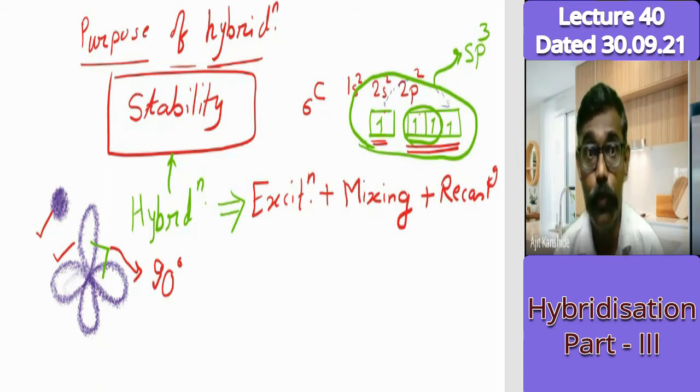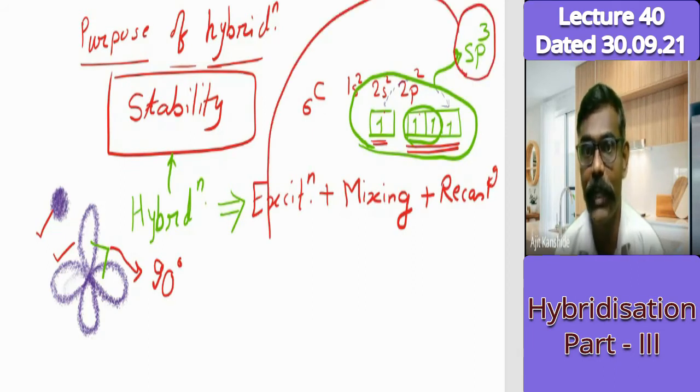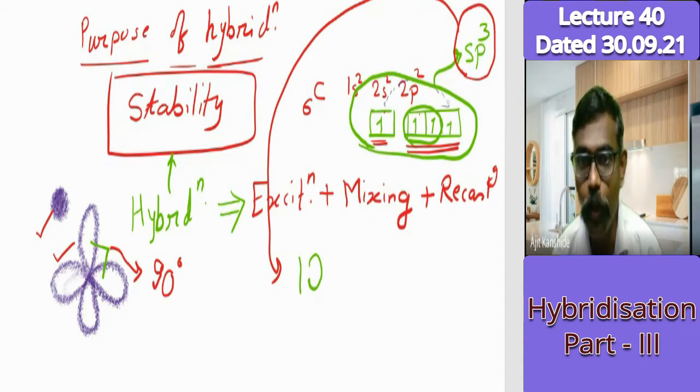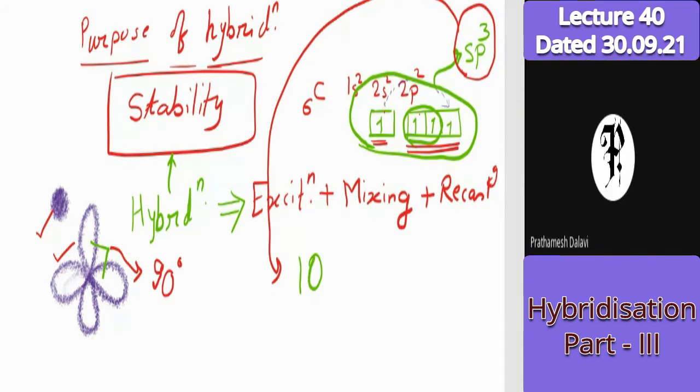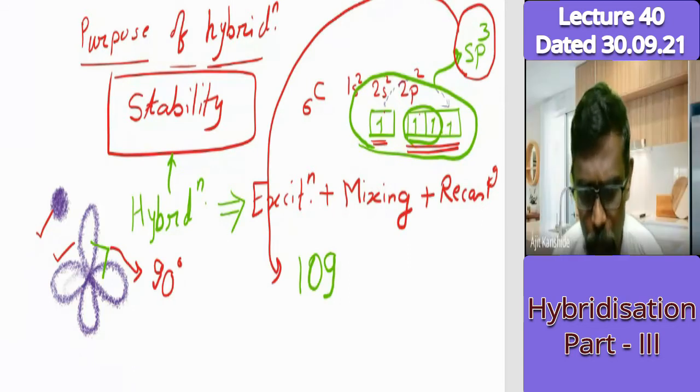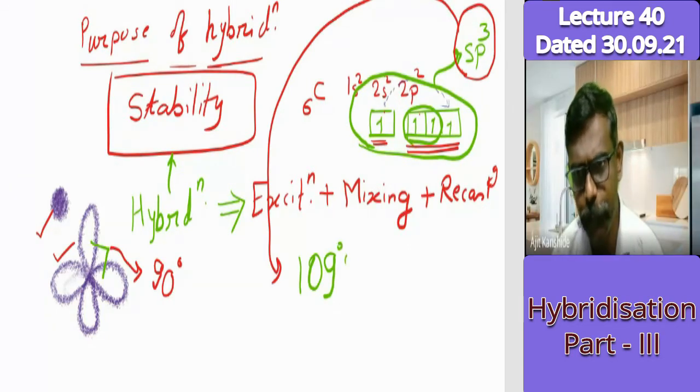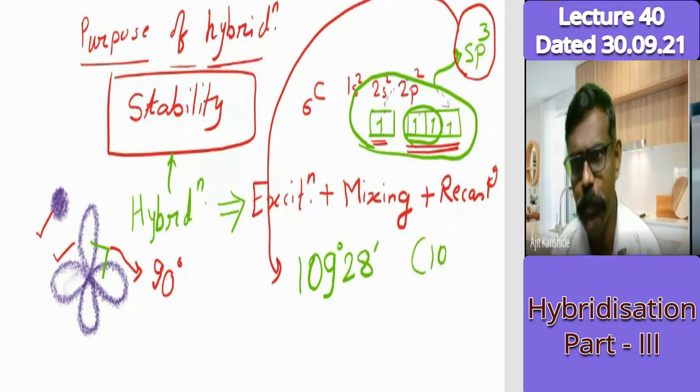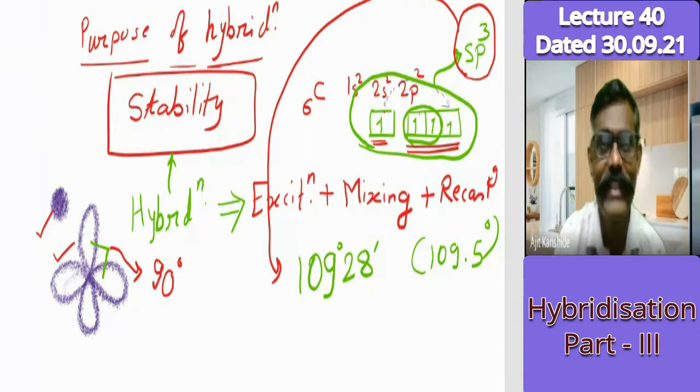But if you know the bond angle in sp3 hybrid orbital, what's the bond angle in sp3 hybrid orbital? 109 degree 28 minutes, or one can say 109.5 degrees, because 1 degree means 60 minutes.